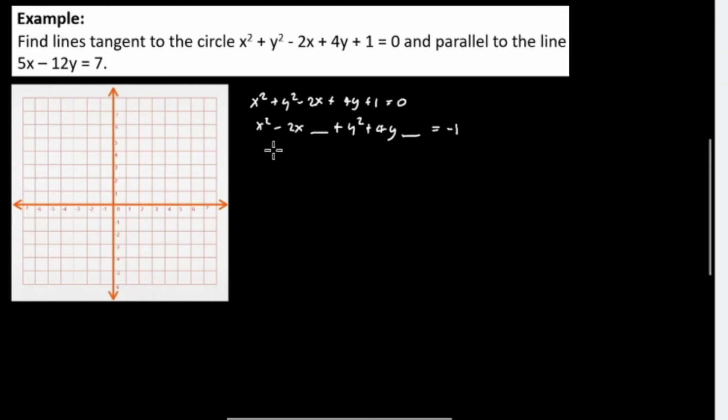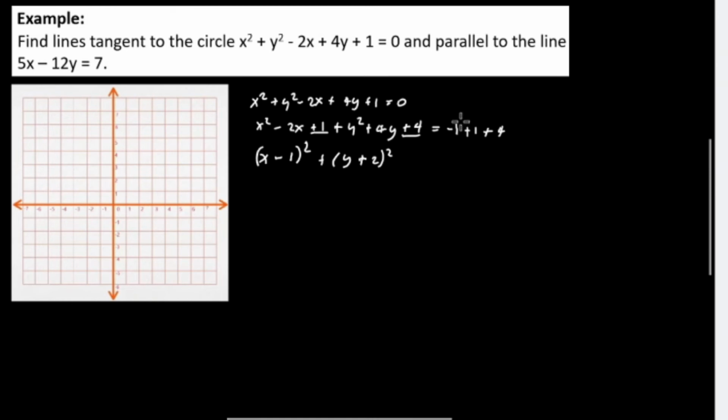Completing the square for x: negative 2 over 2, that's negative 1 squared, and 1 times 1, that's positive 1, so plus 1. Completing the square at y, copy the sign, plus 4 over 2, that's 2 squared, and 2 times 2, that's positive 4, so plus 4, and also plus 4 on the right.